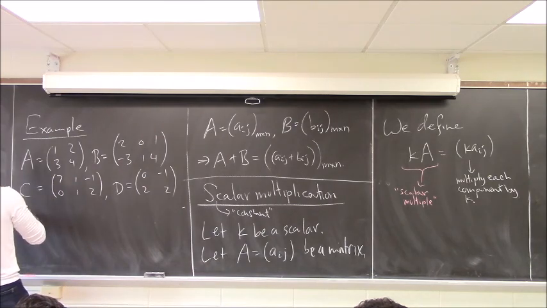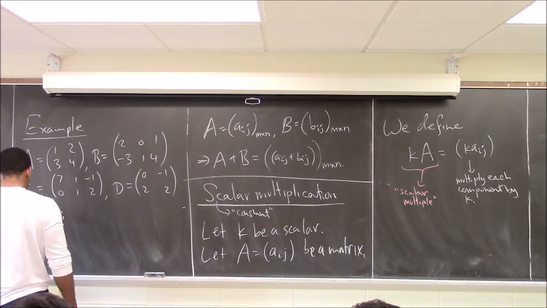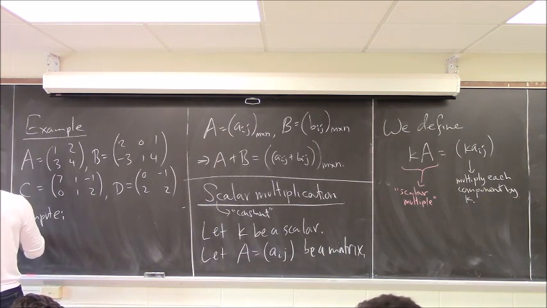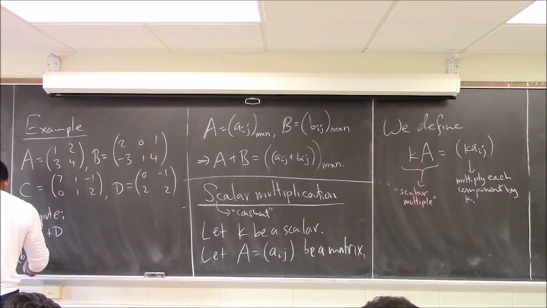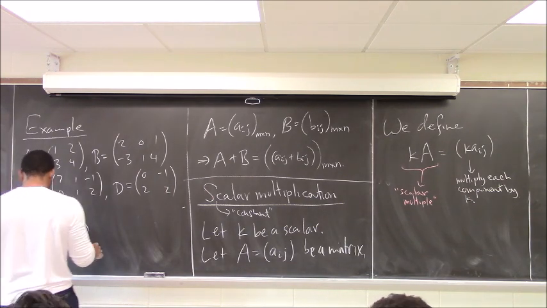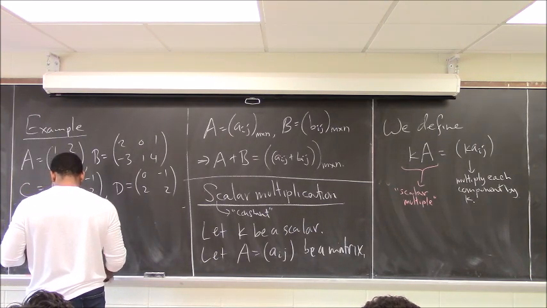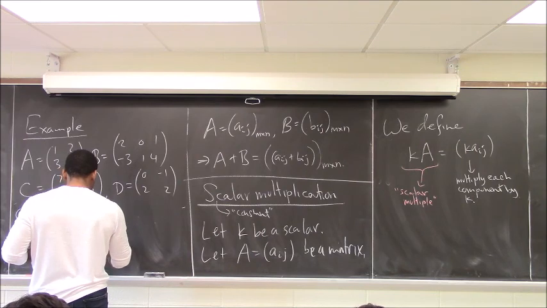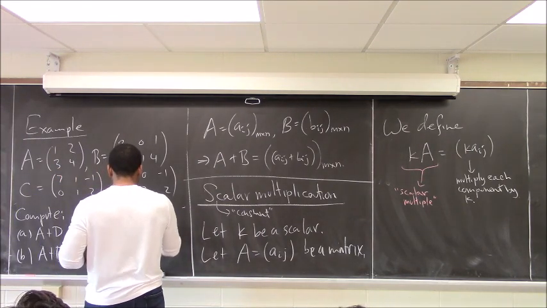I would like you to compute all of these. A: A plus D. B: A plus B. C: D minus A. D: B minus C. E: 2A.